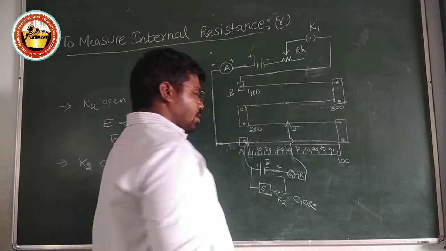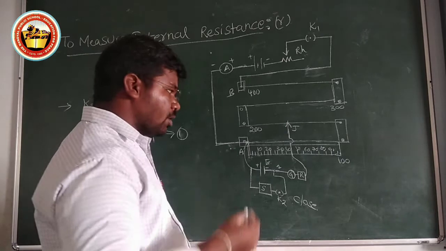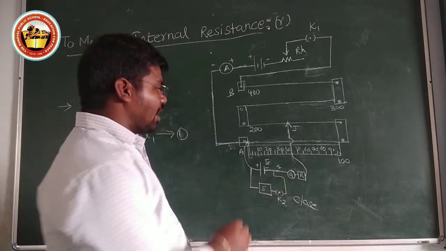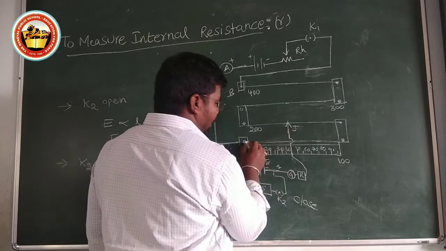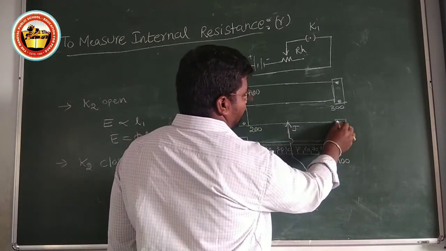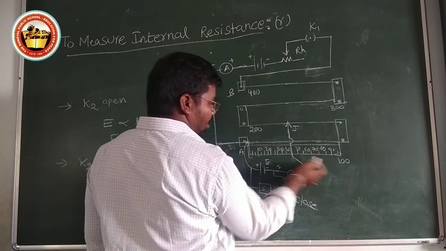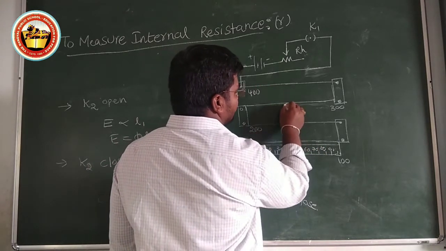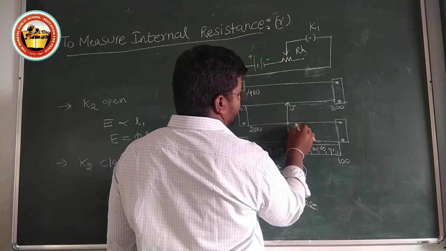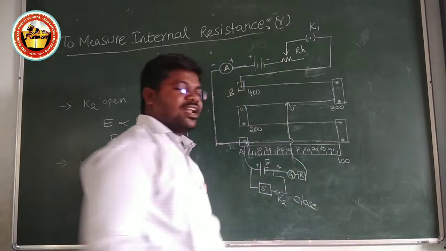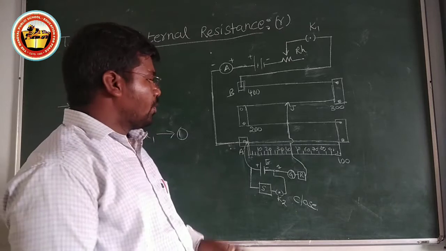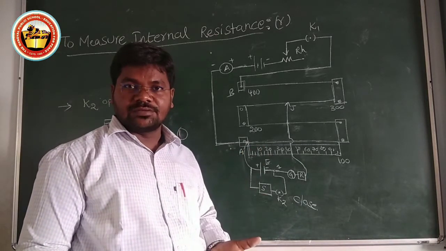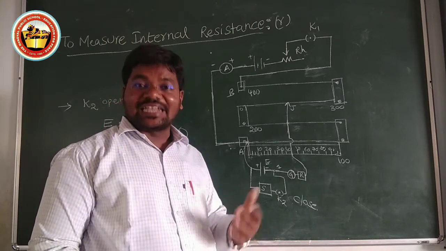Like previously, we take the jockey and slide it over the metal wire at a particular length on the potentiometer. We can get the null deflection at a different length. At that point the galvanometer shows null deflection, so we measure that length.